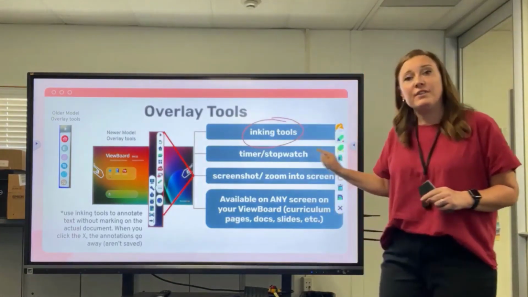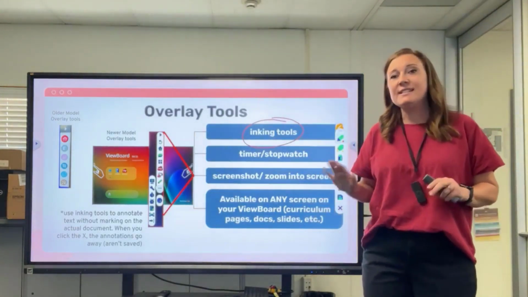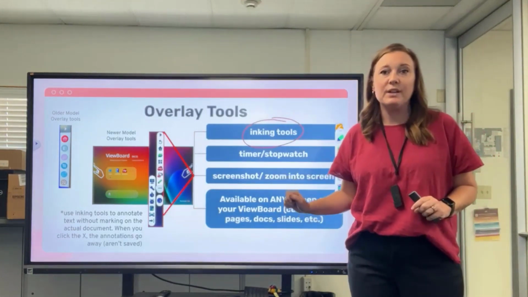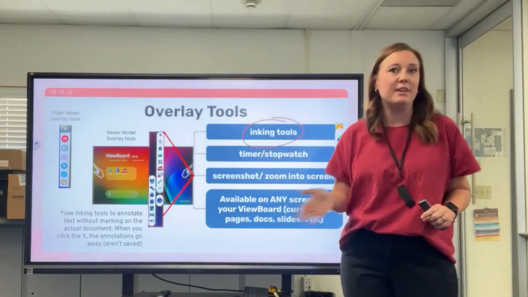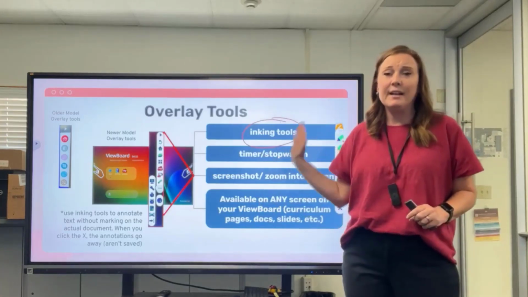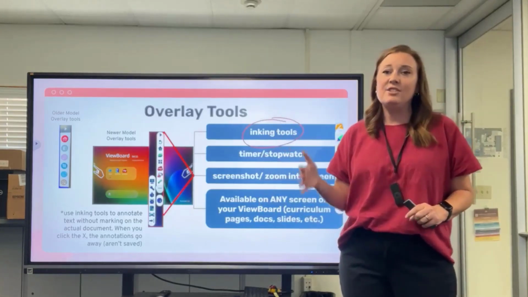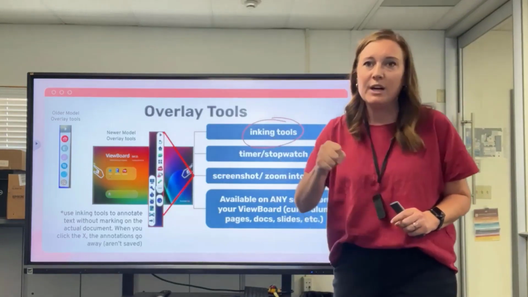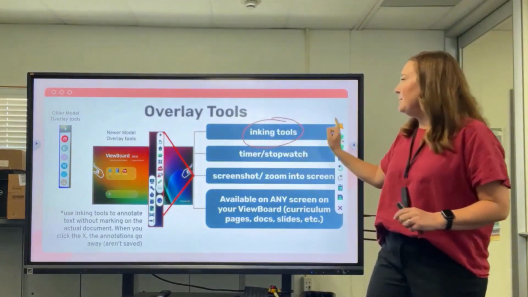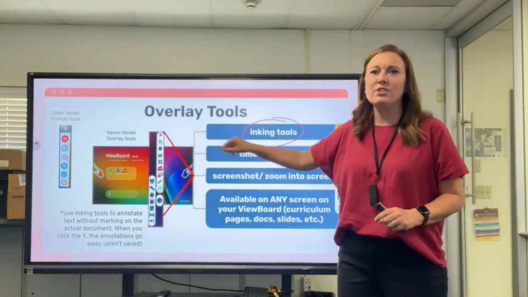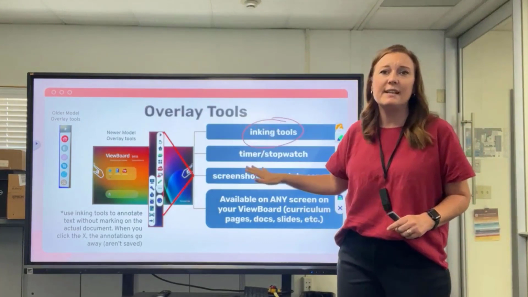The thing about overlay tools is they are just like you are writing on your whiteboard, and you're going to erase it after you're done with the lesson, after you're done writing what you need to write. You're not going to be saving these. This is just like I picked up a whiteboard marker and I'm writing on the board really quick for my students. So I would be using annotations, circling, highlighting, underlining, whatever it is I want to do.